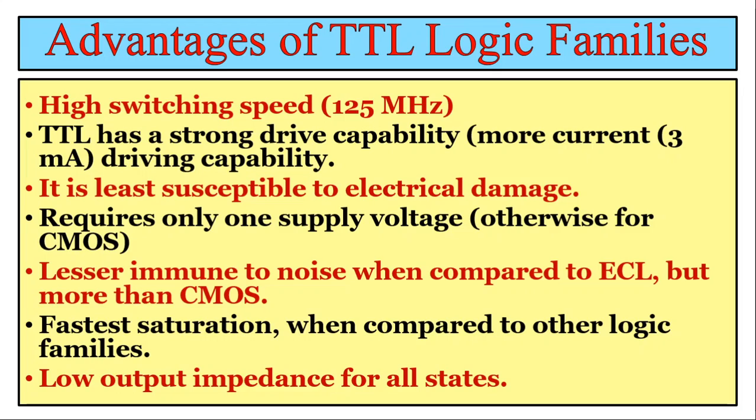It requires only one supply voltage. It is less immune to noise, or you can say it has less noise immunity compared to ECL, but more than CMOS. The most important advantage is fastest saturation compared to other logic families, and it gives low output impedance for all states.